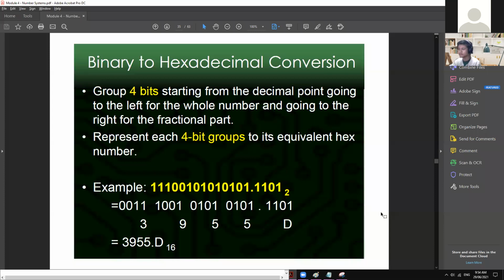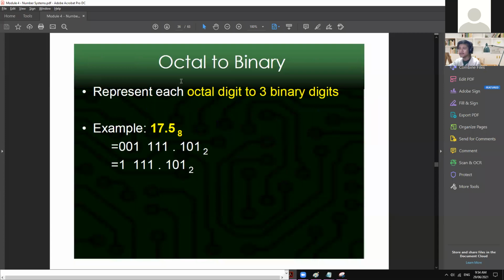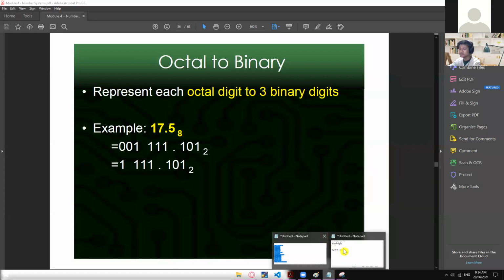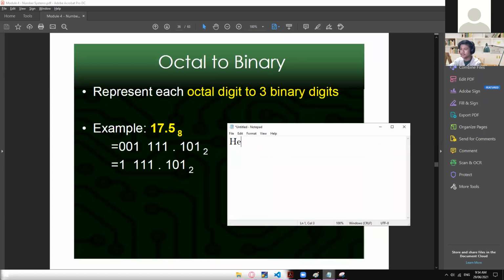So very good. Next one, we also have octal to binary. However, the difference of hexadecimal versus octal: hexadecimal must be grouped by 4, while in octal you must group them by 3 bits.